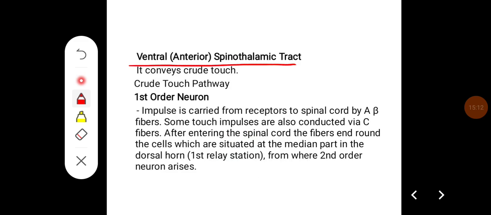Coming to the ventral or anterior spinothalamic tract, it mainly conveys crude touch. The first order neurons carry the impulse from the receptor to the spinal cord mainly by A beta fibers. Some touch impulses are also conducted via C fibers.